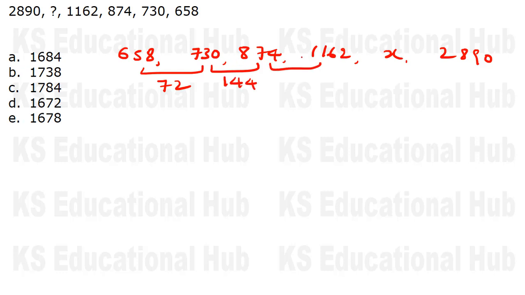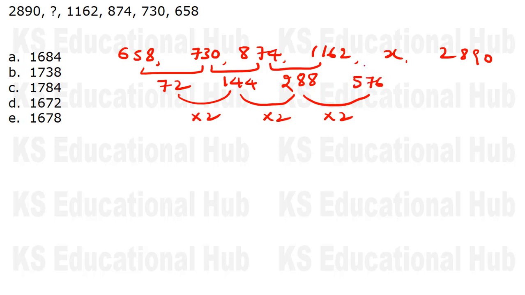The next one: 12 minus 4 is equal to 8, 15 minus 7 is equal to 8, 10 minus 8 is equal to 2. So see here, 72 into 2 is 144, 144 into 2 is equal to 288, and 288 into 2 is 560 plus 16, 576.